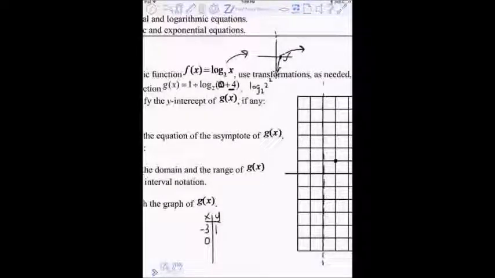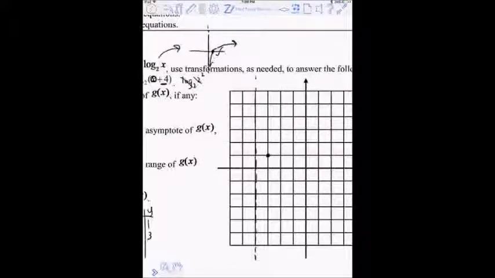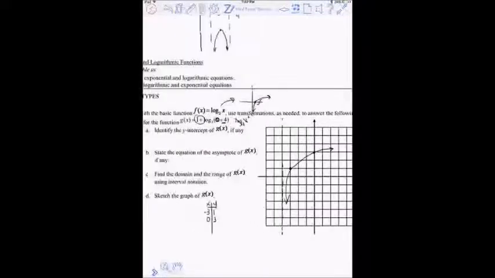And remember, the log base 2 cancels the base of 2. So the log base 2 of 4 is 2. And then 2 plus the 1 there is 3. So I've got a point 0, 3 on the graph. So it looks something like that.